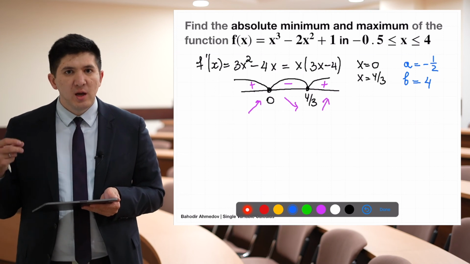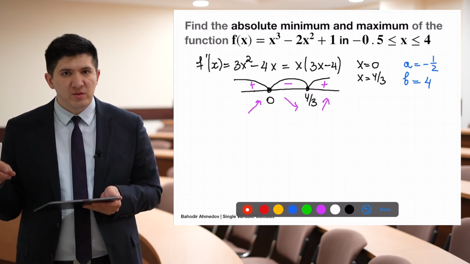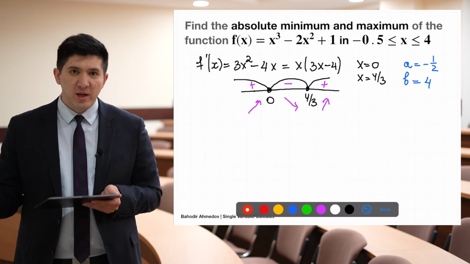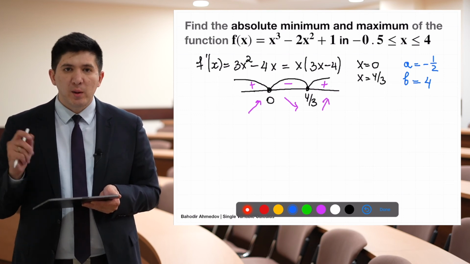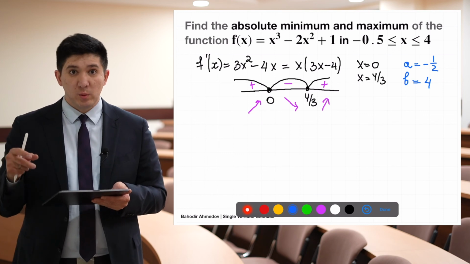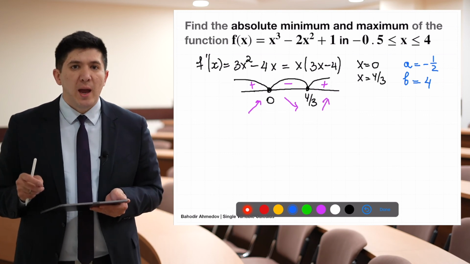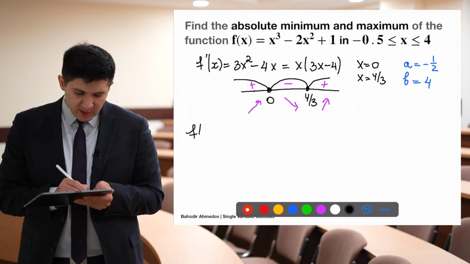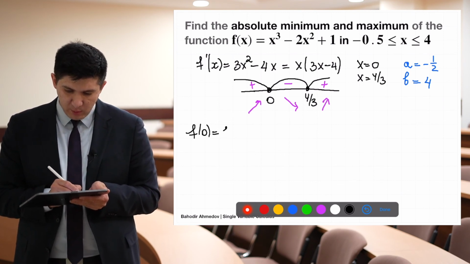We have to find the value of the function for all of these points, and then we need to choose the greatest as the absolute maximum, and the smallest as the absolute minimum. So let's evaluate this. What is f of 0? It is simply equal to 1.